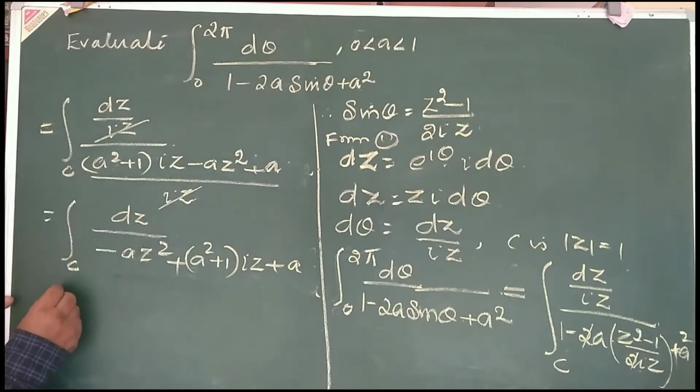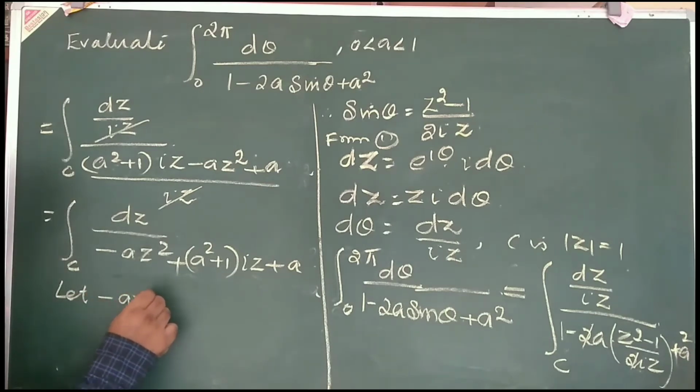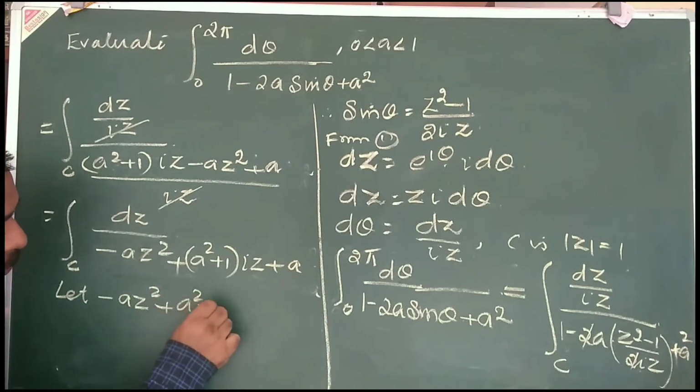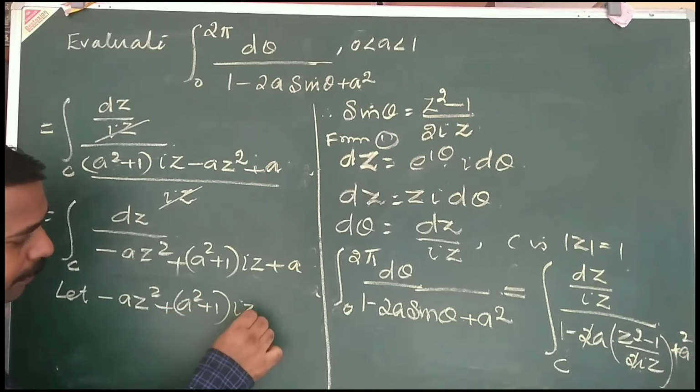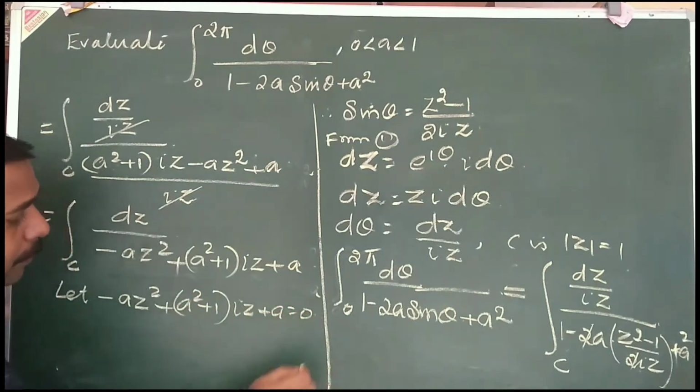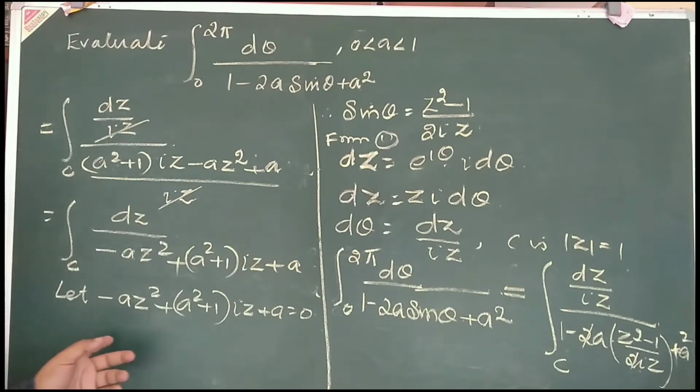Now you take this equal to 0, let minus a z square plus a square plus 1 iz plus a equal to 0. Our aim is to find the value of z. Okay.